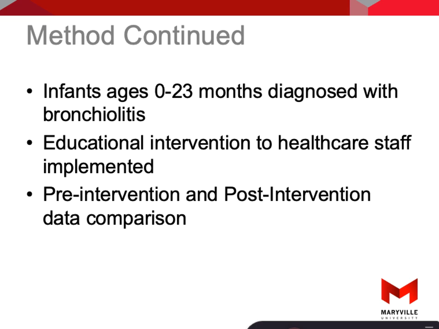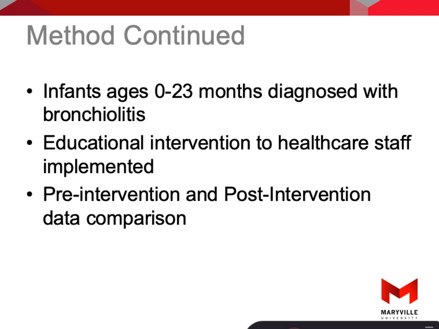The inclusion data included infants less than 24 months of age, of any race or ethnicity, diagnosed with bronchiolitis, and without any comorbidities. Each admitted patient's chart was scrutinized for exclusion and inclusion criteria.